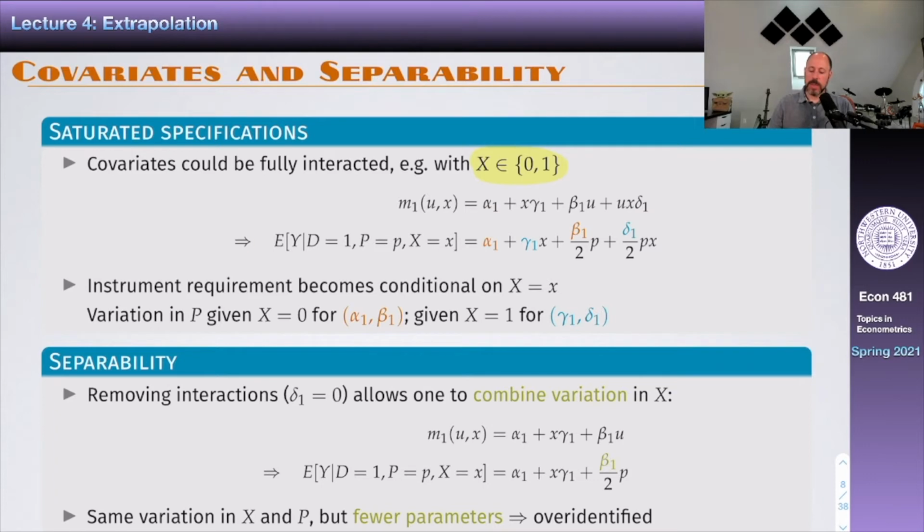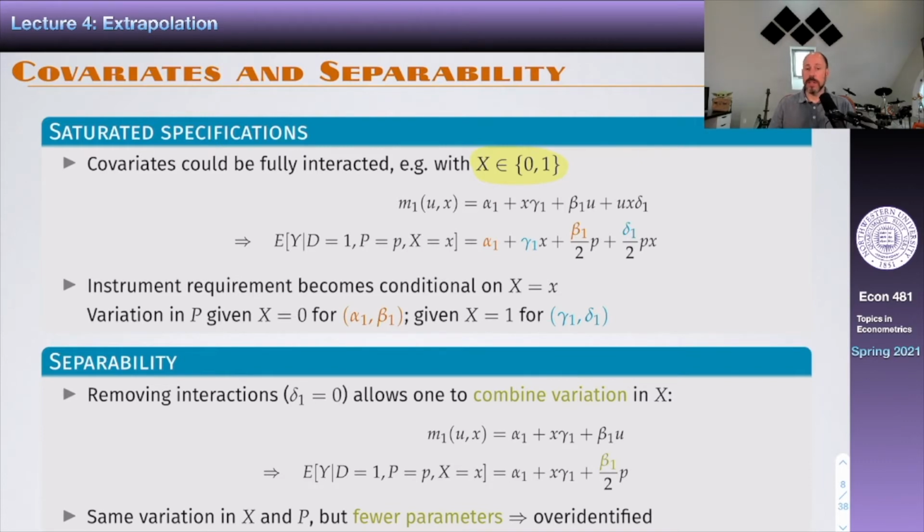Then you compute the expected value of y given d equals 1, p, and x. And then you have this equation over here, which now includes x, the propensity score, and the interaction term. Okay? So now what we need is an instrument requirement conditional on x. Okay? And we need variation in the propensity score given x equal to 0 and x equal to 1 to identify alpha 1 and beta 1 and gamma 1 and delta 1, which are these parameters over here.